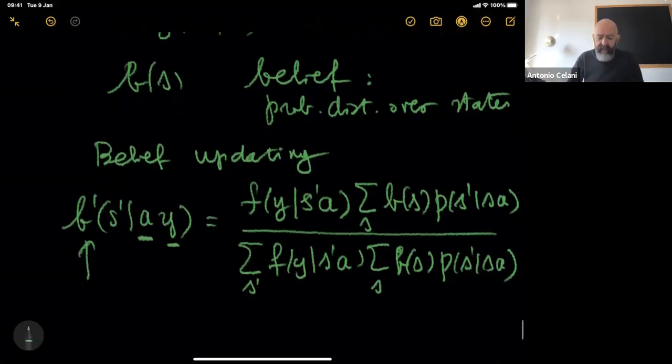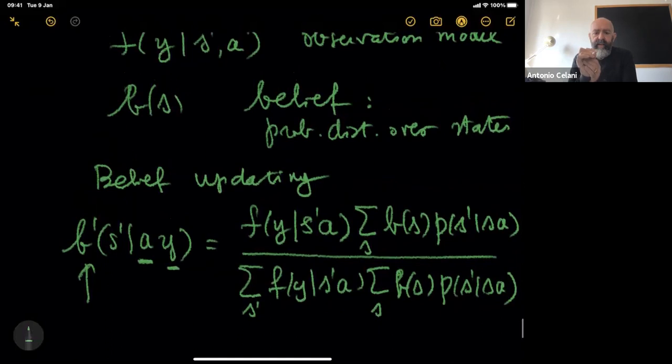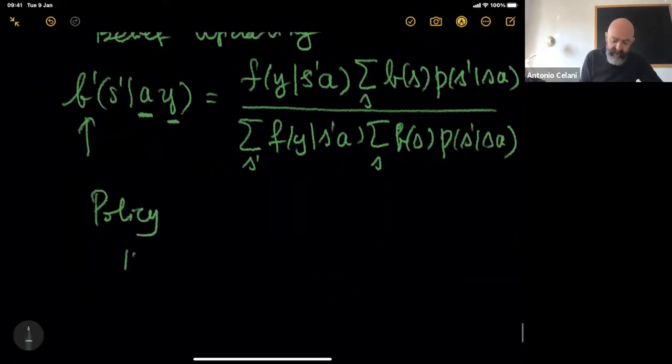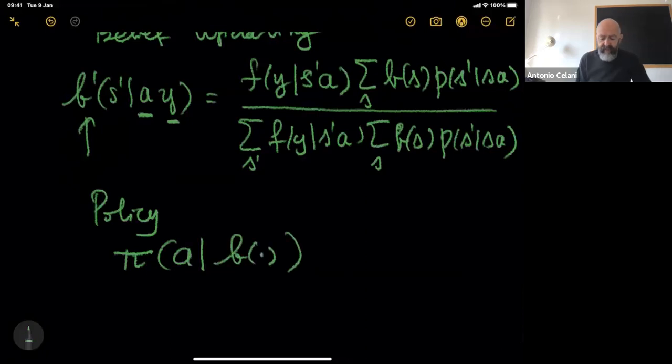And now the key thing is that in POMDPs, the policies, since we cannot define them as mappings from states to actions, are mappings from beliefs to actions. So a policy is a function from beliefs to actions.